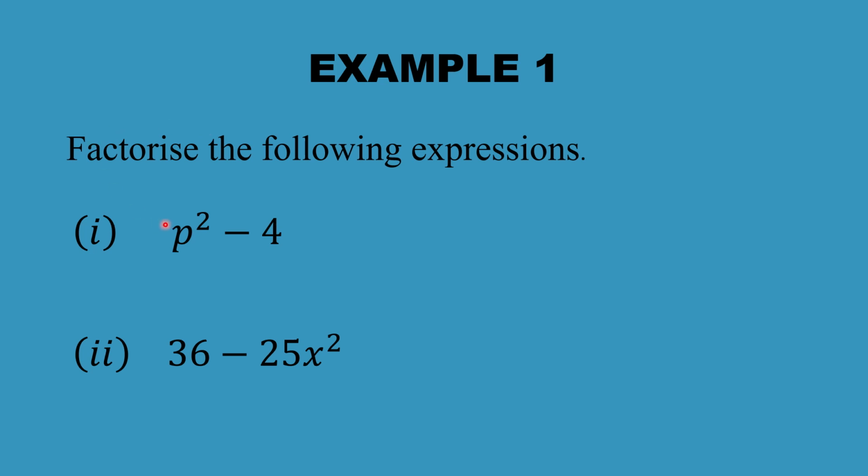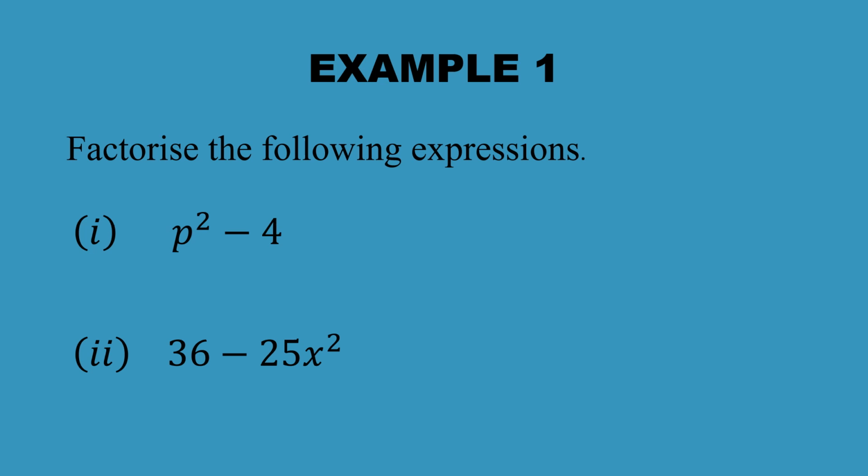So here, p squared is a square item, and this 4 is another square. Of the two squares, which one is having a negative? It is, of course, 4. So in the answer brackets, 4 is going to have a negative and a positive sign.